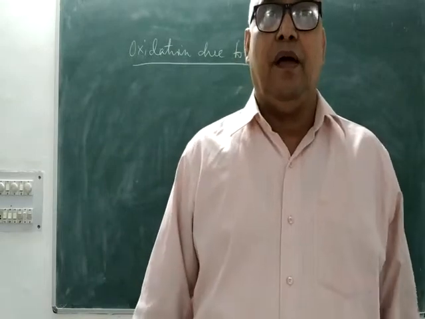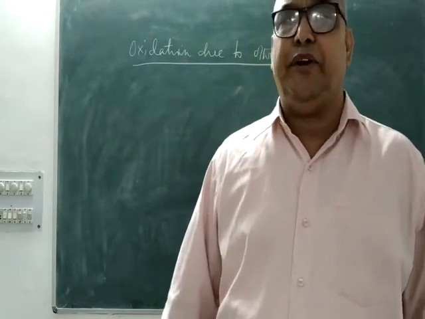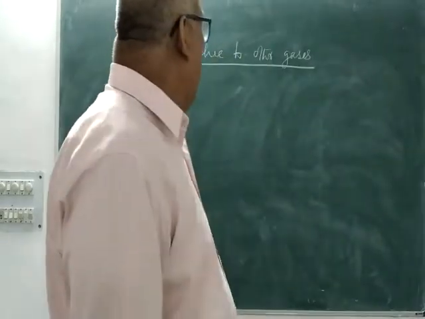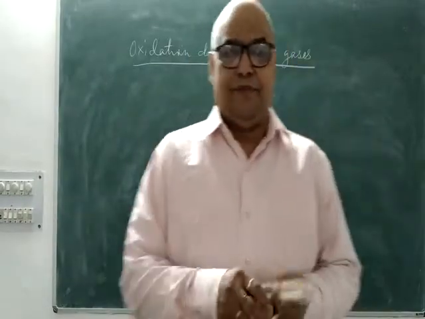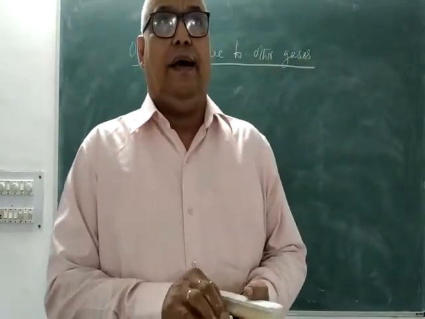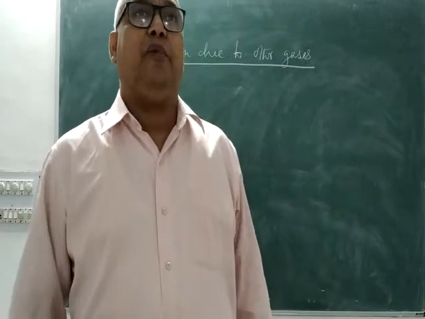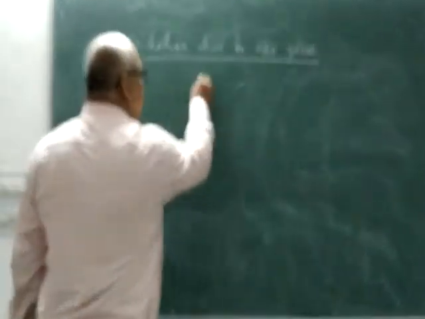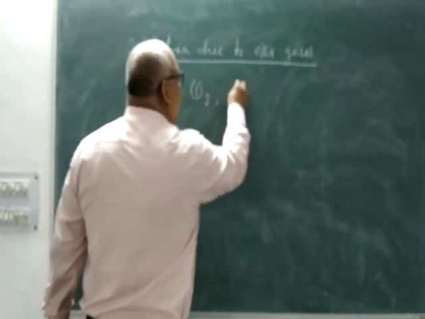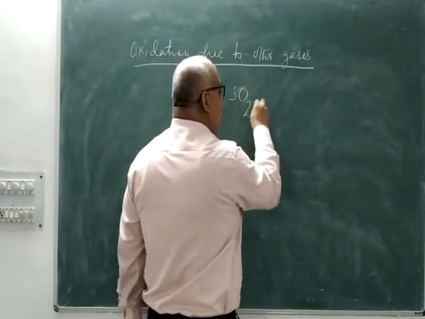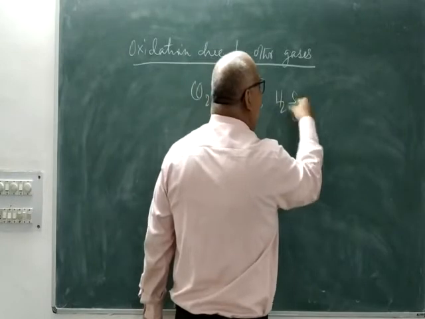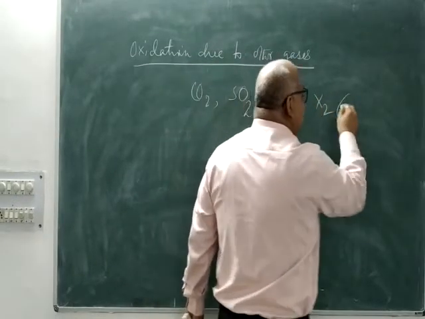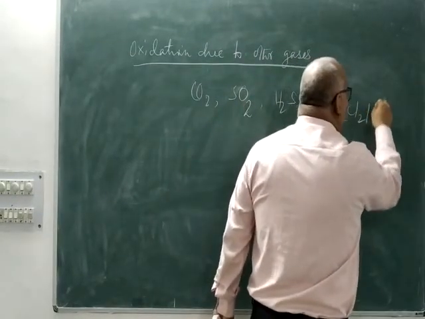Today, actually, we will be talking on oxidation due to other gases. Here, the atmospheric gases which are available are mainly carbon dioxide, sulfur dioxide, hydrogen sulfide, and halogens, mainly chlorine and fluorine.